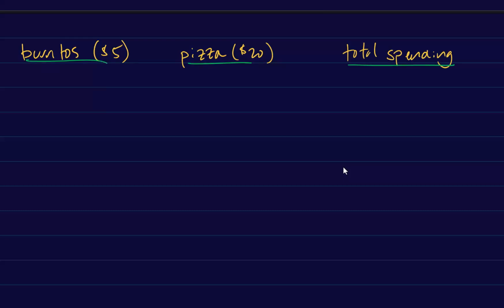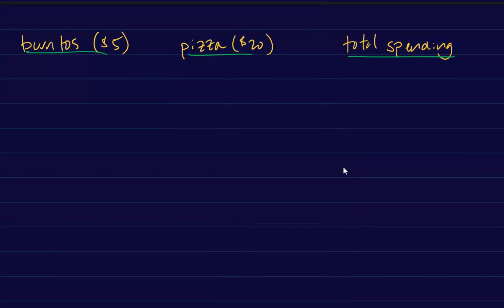Okay, so to start, there are actually different ways to do this, but I'm going to start by imagining that Mary doesn't buy any pizza. So 0 pizzas, which means she spends all $100 on burritos. How many burritos can she get if she spends all $100 on burritos? She can get 20. 20 times $5 will be her entire $100.